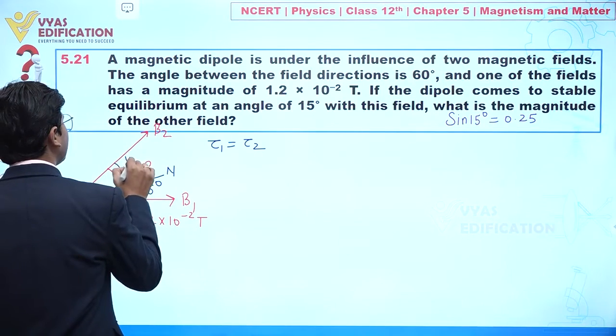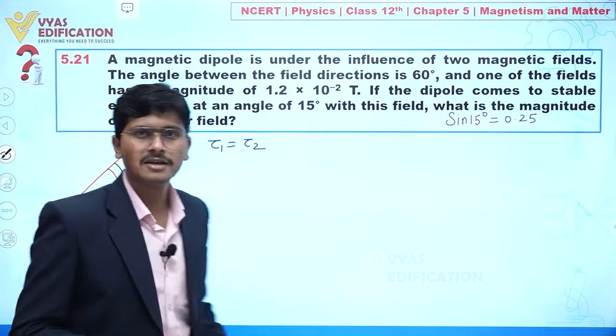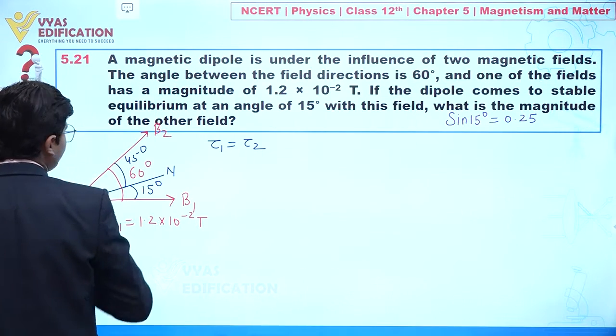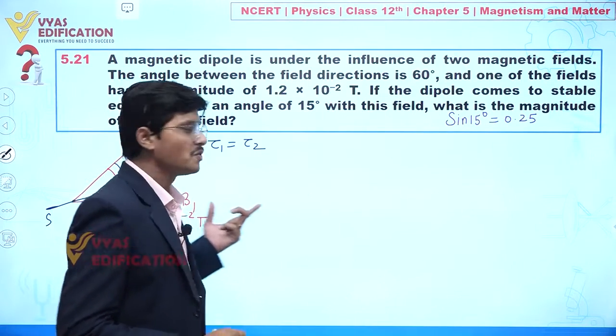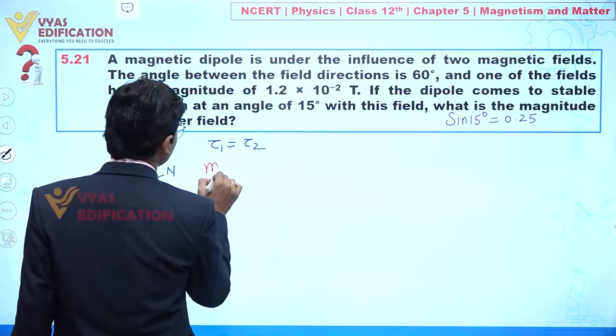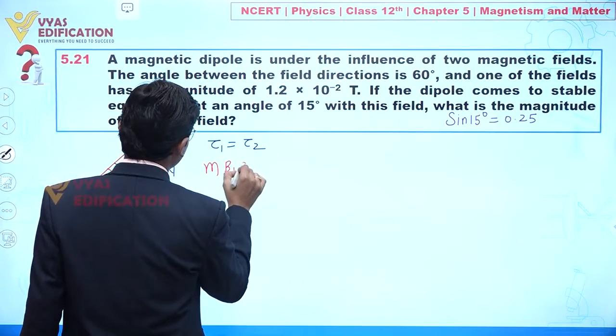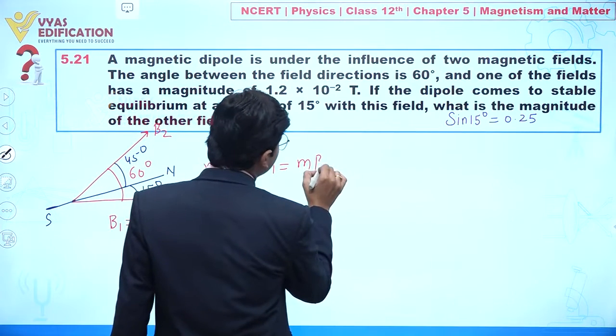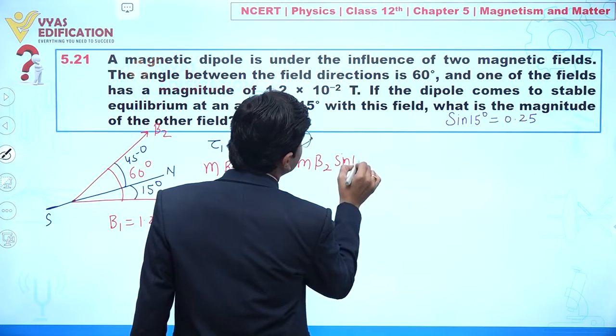I can say the other angle we have is 45 degrees. So from here I can write tau 1 equal to tau 2. The magnetic moment M times B1 times sin theta 1 should be equal to M B2 sin theta 2.